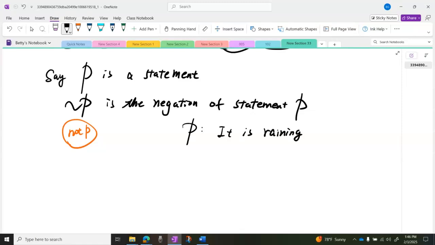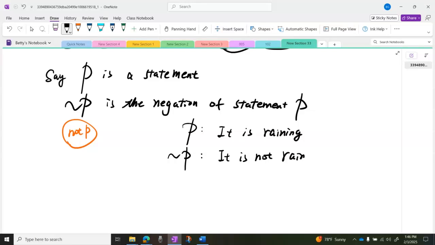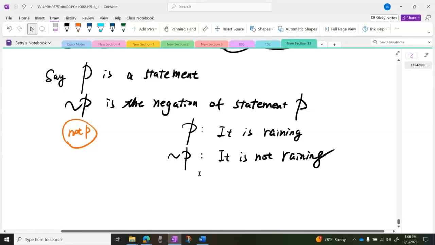Outside is either raining or not raining, so it is a statement, either true or false. So P is it is raining. Then what is not P? The statement that negates P is it is not raining. Very simple, right?